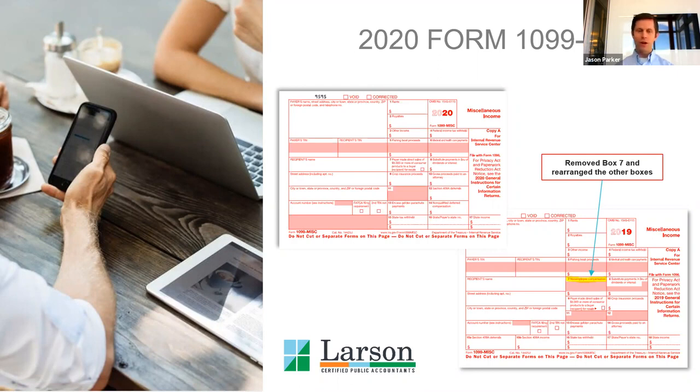It's all geographical changes. This form is still used for payments made for rent, royalties, fishing boat proceeds, which I hope to see sometime in my career, and other things that you typically use 1099 MISC for. Next slide.